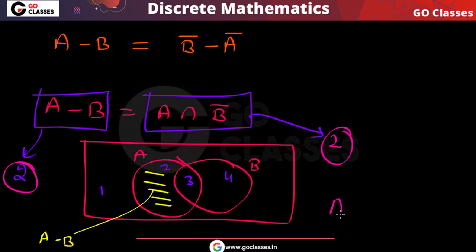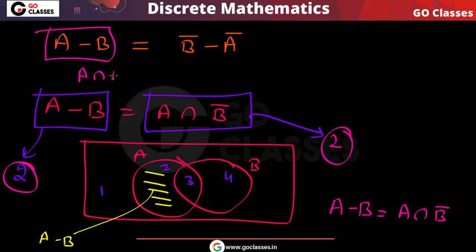So this method we can apply. A minus B is the same as A intersection B bar. And what is B bar minus A bar?